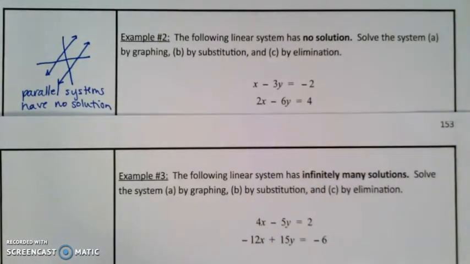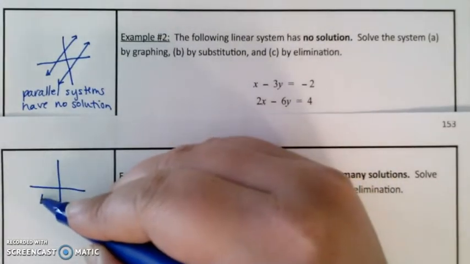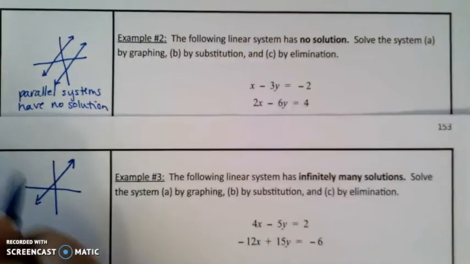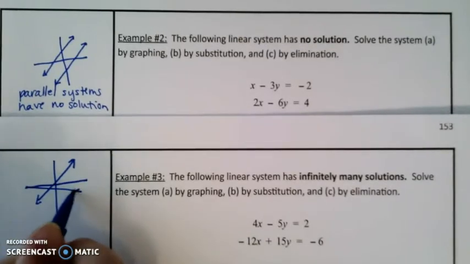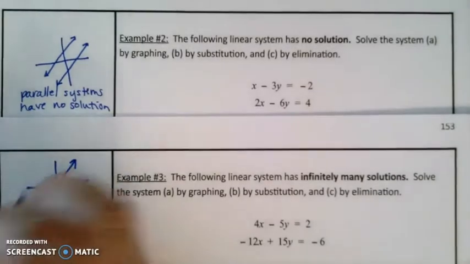And if we have 2 lines that have infinitely many points of intersection, then those 2 lines have to be the same line. Those 2 lines have to be the same line.